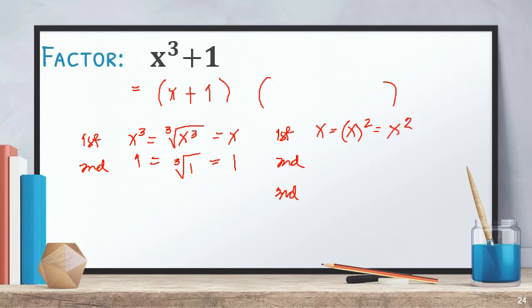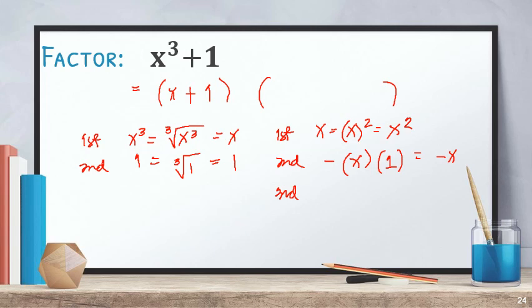For the second term, you need to find the negative product of the binomial factors. So, negative, what will be your first term? X. What is your second term? 1. So that is negative. Negative times x is negative x times 1, negative x.